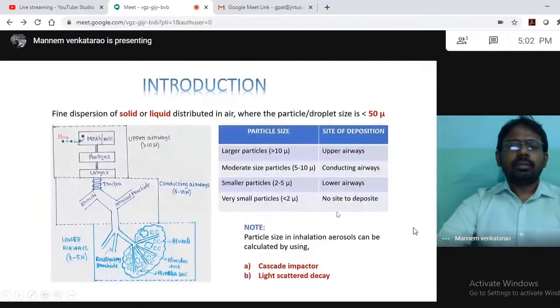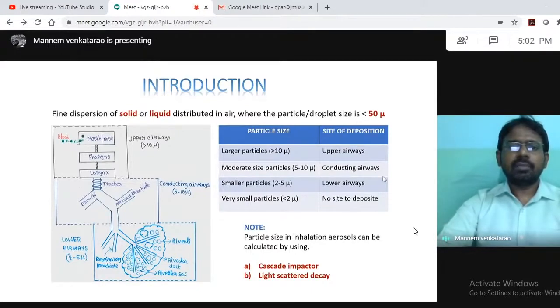So the pattern of my lecture is, first one, I talk about introduction. Second one, basic aerosol technology, means what are the basic components present in aerosol system. Third one is we talk about evaluation of aerosols. Fourth one, we talk about previous questions.